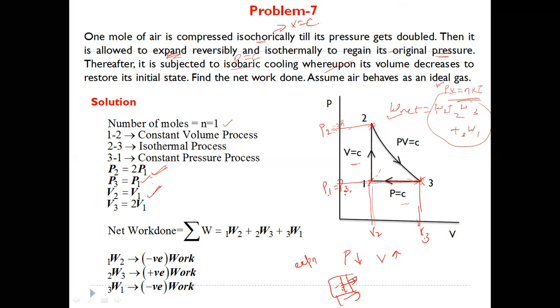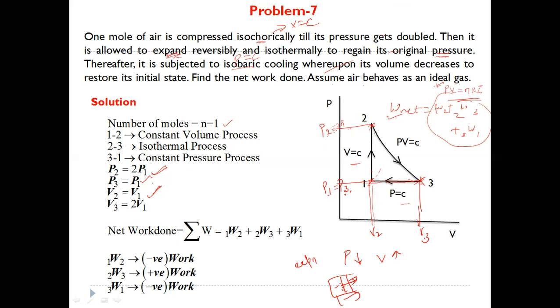So in the problem they have given 3 processes. First process is 1 to 2, which is a constant volume process. In the constant volume process, V1 is equal to V2 and the pressure becomes double here. Okay, P2 is equal to 2P1.